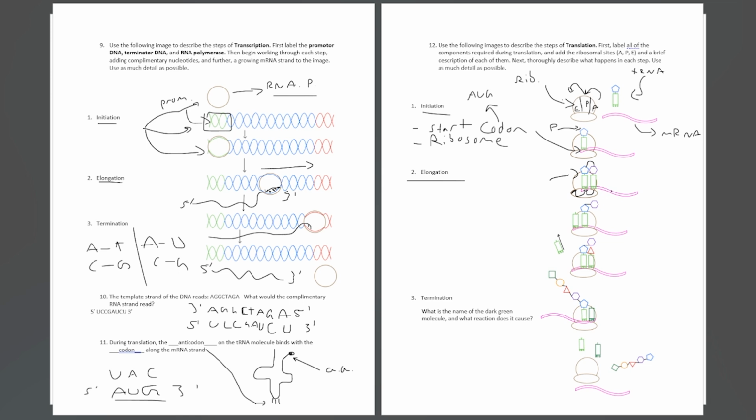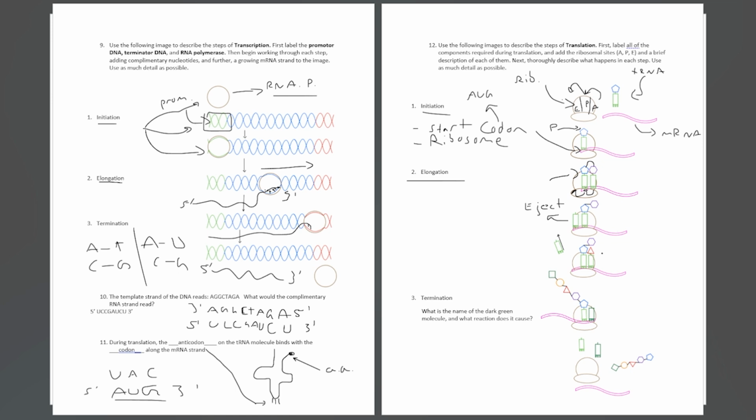So we're attaching here, and now this tRNA is at the E site, which means it's going to eject. It's going to leave, it's going to exit. And then we just continue this process, right?